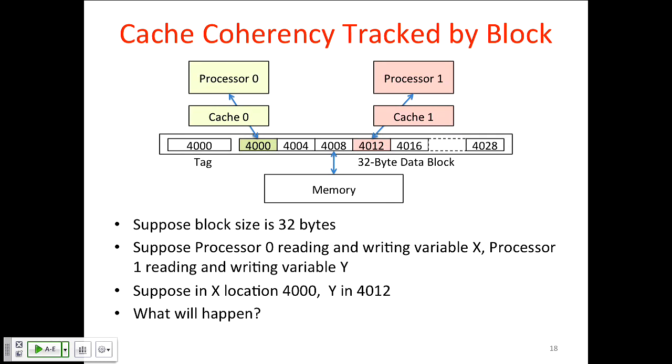What's going to be happening in the system? Can they both have a copy of that line and read and write from it without going over the interconnection bus? What's going to happen? Yep.